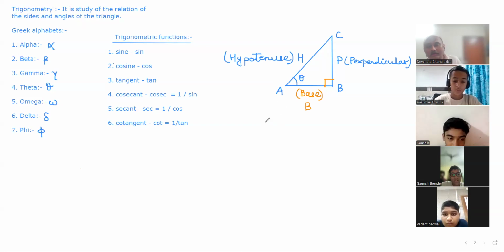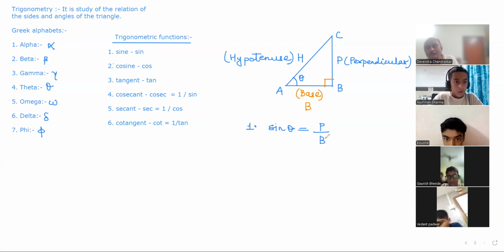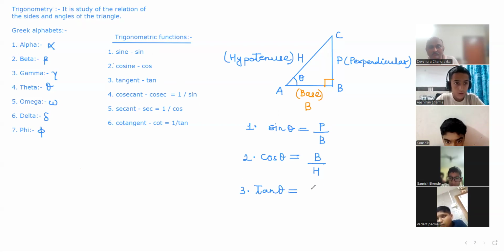So now how do I write? As I said, it will be the relation between the angles and sides. So let's establish the relationship. Sin theta is always given as perpendicular upon hypotenuse. Cos theta is given as base upon hypotenuse. Tan theta is given as sin theta upon cos theta.